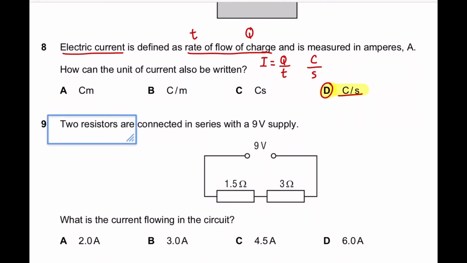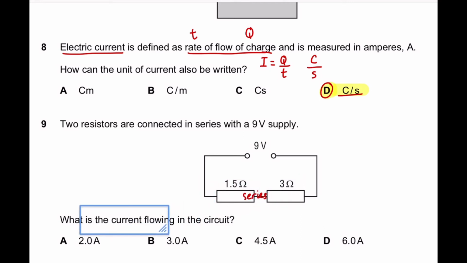2 resistors are connected in series with a 9-volt supply, as we can see here. And we have 2 resistors, which are 1.5 ohms and 3 ohms. They are connected in series. So let me write here, series.